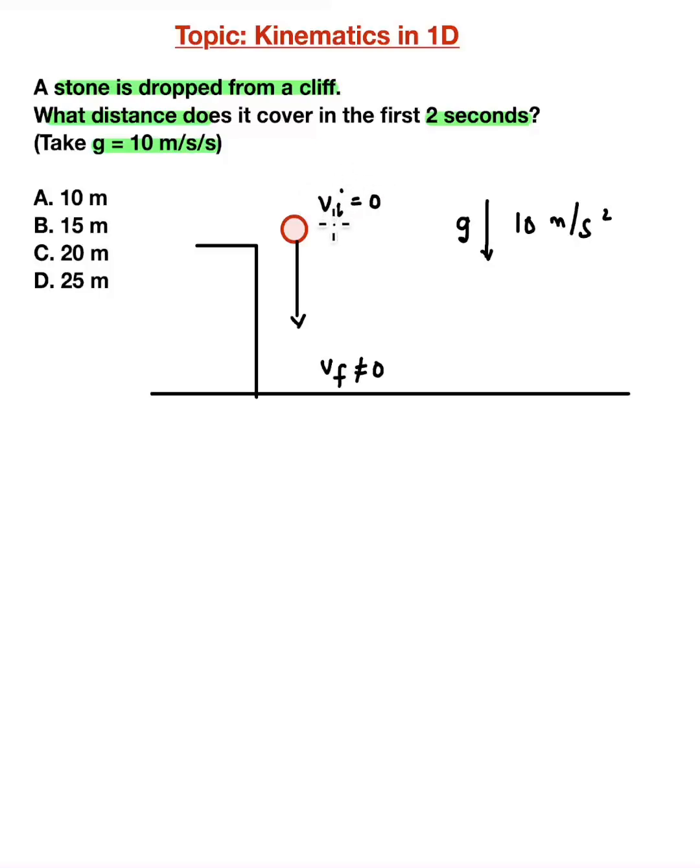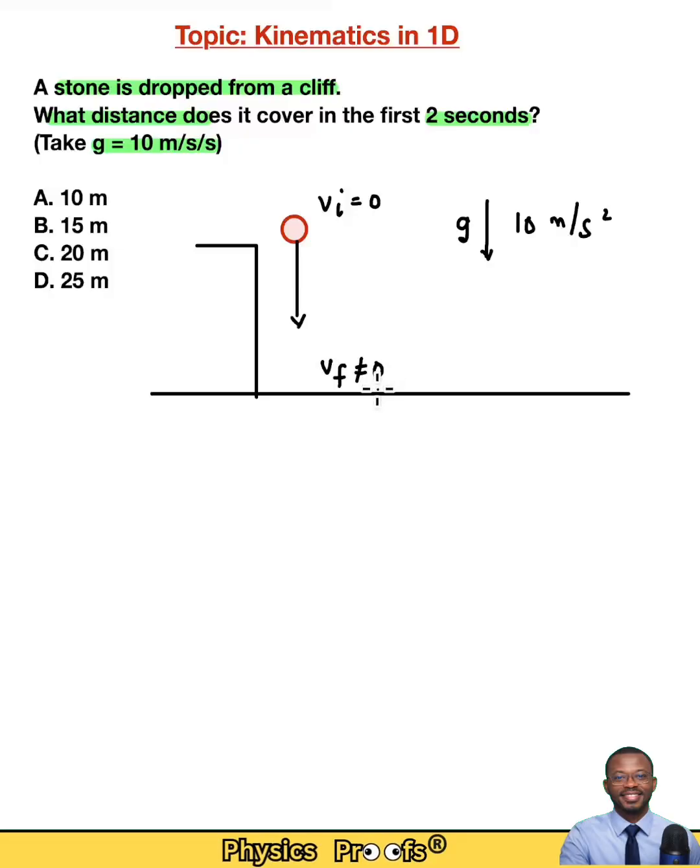Because the velocity vector and the acceleration due to gravity vector both point downwards, this stone is going to speed up until it hits the ground with some final velocity, Vf not equal to 0. All right. So the goal is to find the distance traveled by this stone after 2 seconds.